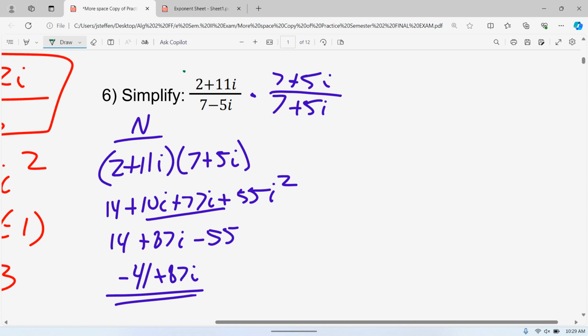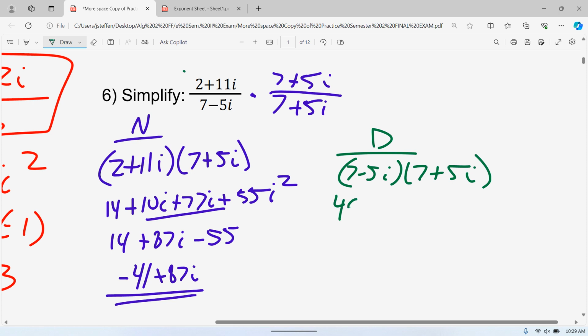My denominator is 7 minus 5i times 7 plus 5i, and you better have your final answer not have any i's in there. That's the whole idea. 7 times 7 is 49. 7 times positive 5i is positive 35i. Negative 5i times 7 is negative 35i.